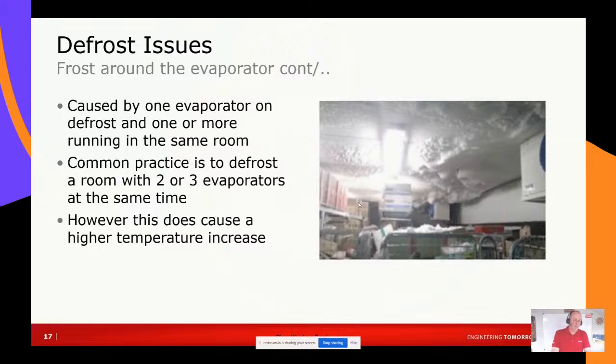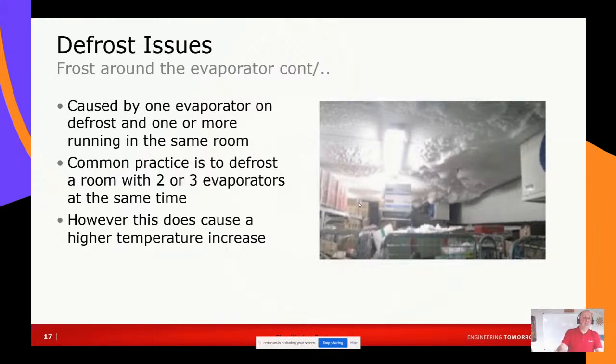If the goods in the room are very sensitive to temperature, and meat is a classic example, then you really need to look at the evaporator spacing, fan speed, baffles, all of these things to make sure that we don't cause this to happen.